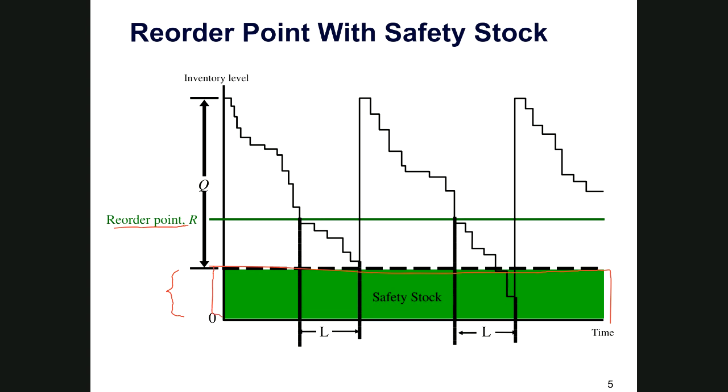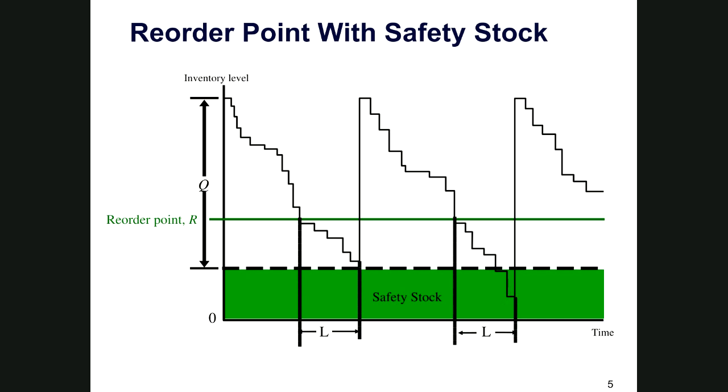And so in that situation that we had before, in that second cycle, instead of not having inventory on hand, now our safety stock allows us to fill that demand and continue to operate and continue to meet our customers' demands. There still could be a situation where this demand might lead to a stockout, but the probability is so small that management is willing to accept it.